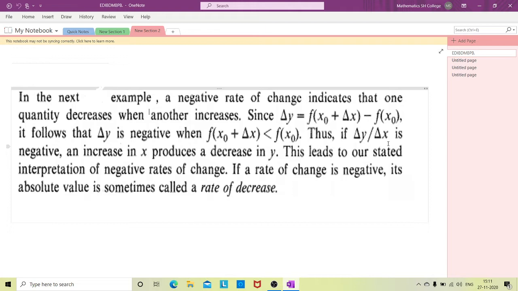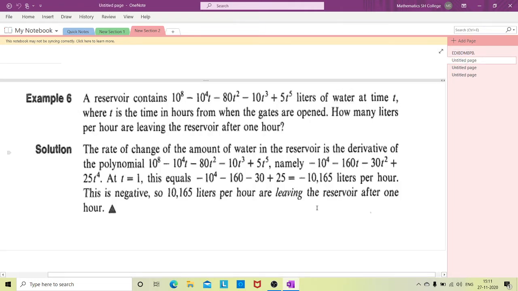Now we will see one problem, so it will be more clear to you. A reservoir contains 10 power 8 minus 10 power 4t minus 80t square minus 10t cube plus 5t power 5 liters of water at time t, where t is the time in hours from when the gates are opened.